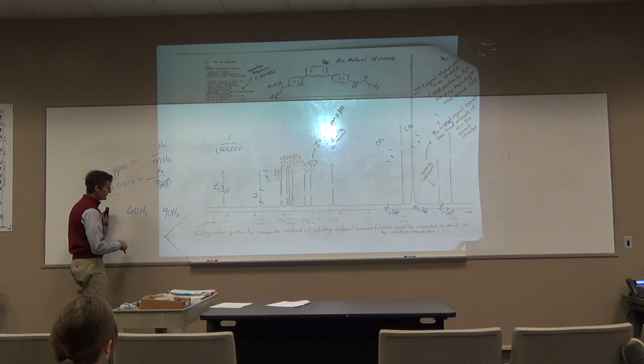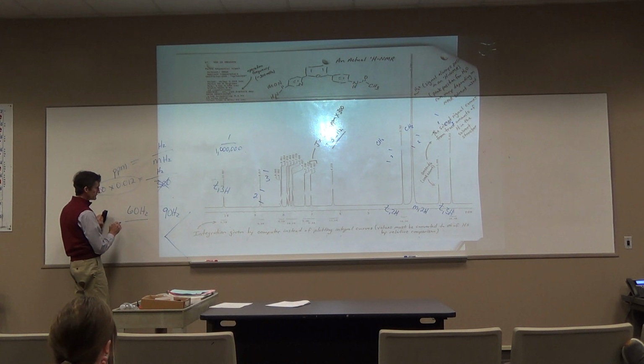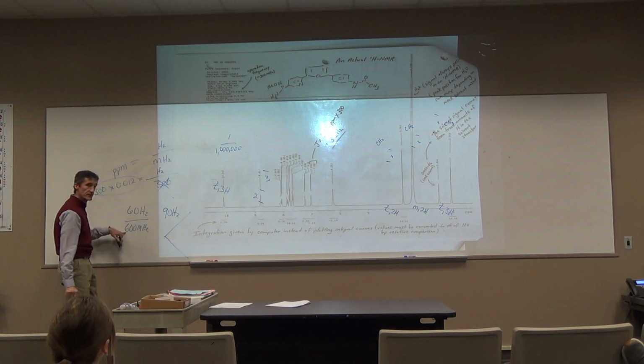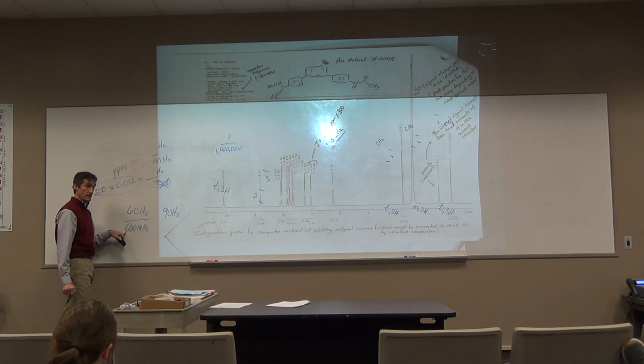So what was developed is, because this varies, let's divide this by the magnet. Let's say the magnet is 60 megahertz. That's the operating frequency for proton, and it's also rounded off, but that's the convention.